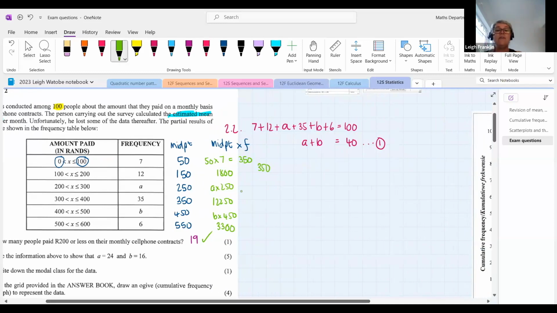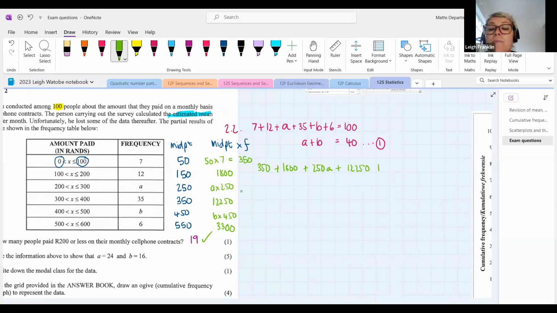So now we're going to take the 350, we're going to add 1800, 250A, 12,250, 450B, 3,300.